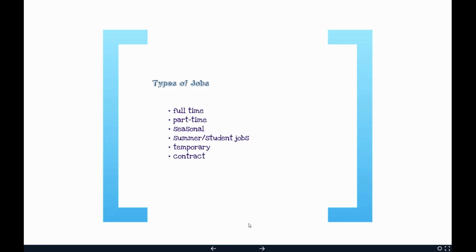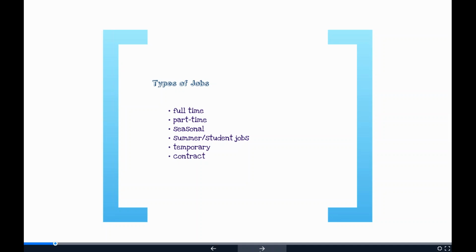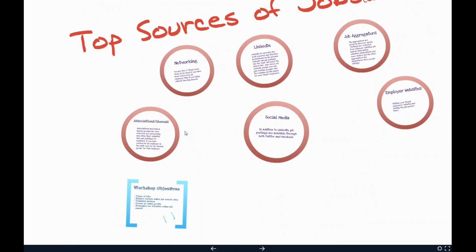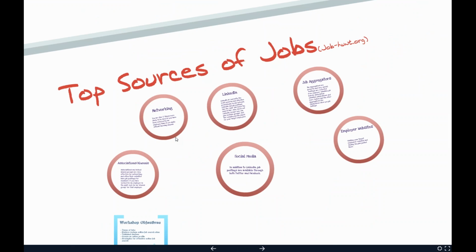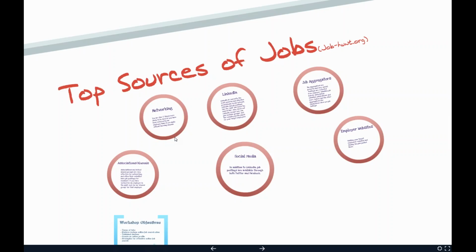And one of the other things, there's actually, I'll get into some different types in a minute. One of the resources that I went to when I was researching for this webinar was a website called jobhunt.org, and they are a great resource for all things related to job search.